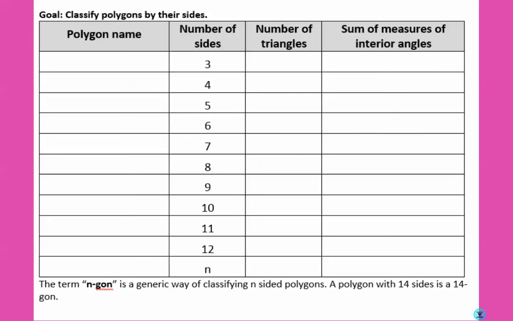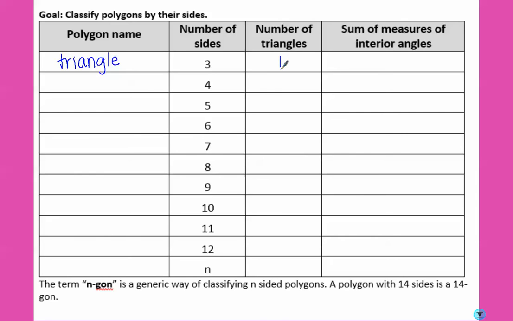So next, we're going to classify polygons by their sides. So let's start with a polygon with 3 sides. What do we call a polygon with 3 sides? You should know this from our last unit. It's a triangle. Within a triangle, how many triangles are there?